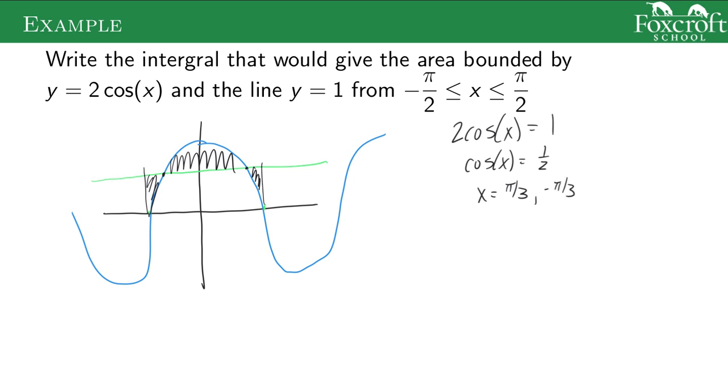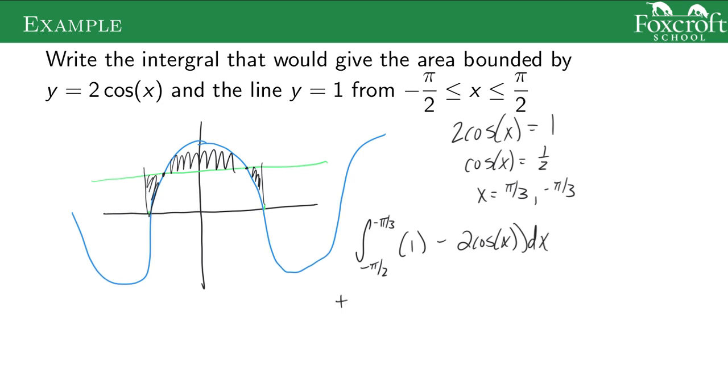So it's going to give us 3 different integrals. The first one starts at negative pi over 2, our full starting point, and goes to that first transition at negative pi over 3. We always take the top function minus the bottom function. Here the top function is the green function, and we subtract the bottom function.